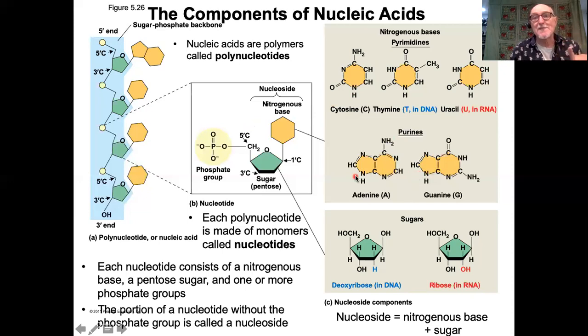And there's always as much adenine as there is thymine. It's an invariable rule. If I've got X amount of cytosine, I must have the same amount of guanine. If I've got X amount of adenine, I must have the same amount of thymine. That is called Chargaff's rule.